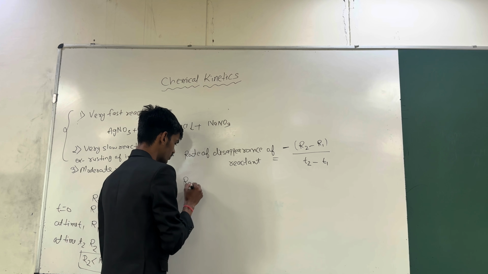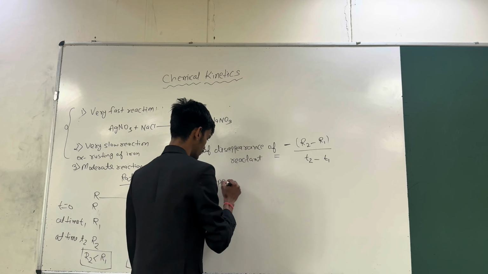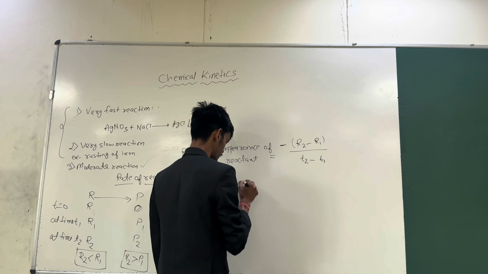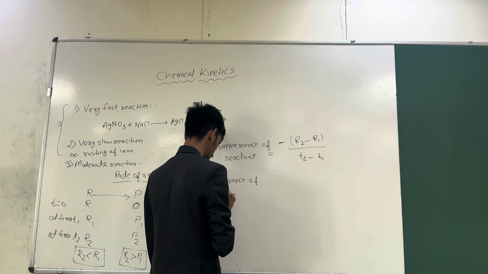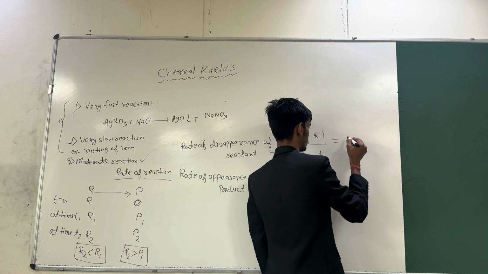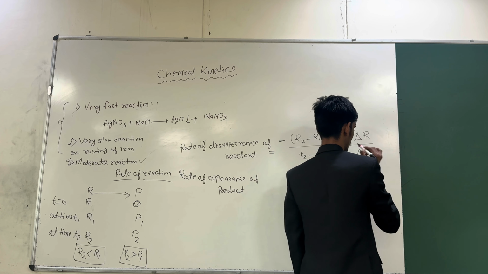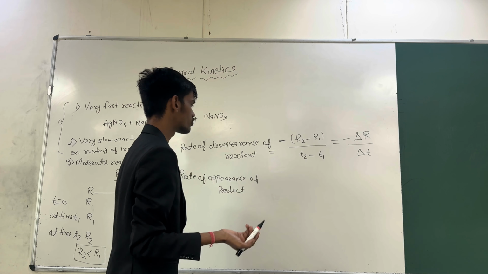This negative sign indicates that the concentration of reactant is decreasing with time. This can also be written as minus delta R by delta t. Now I will talk about the rate of appearance of product.